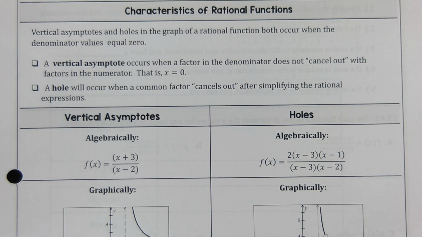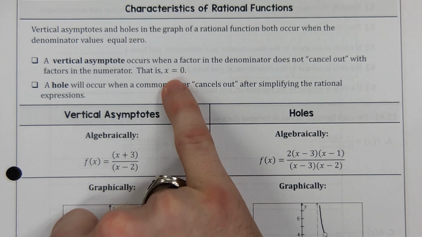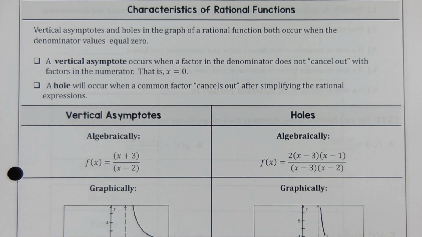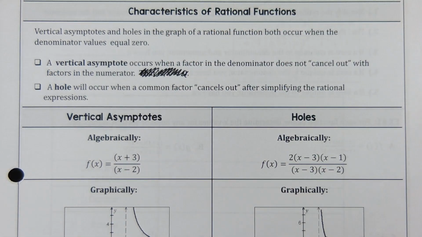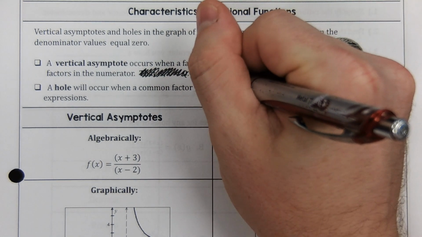Vertical asymptotes occur when a factor in the denominator does not cancel out with factors in the numerator. So I don't like this. What is this? That is x equals 0. I don't really understand what that's saying. So essentially what we're going to write is the 0 of the denominator, 0 of the simplified function's denominator. So let's write it like that.